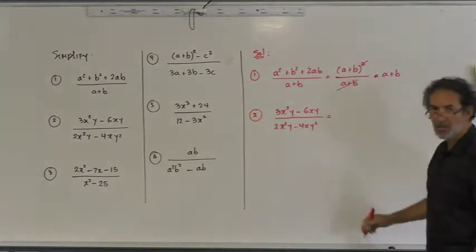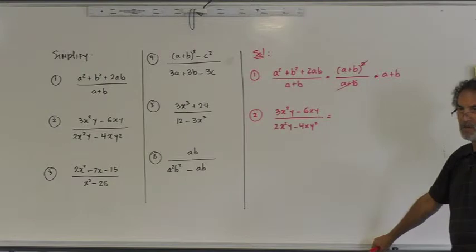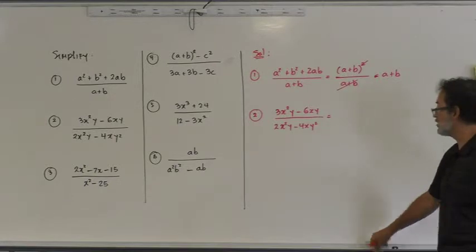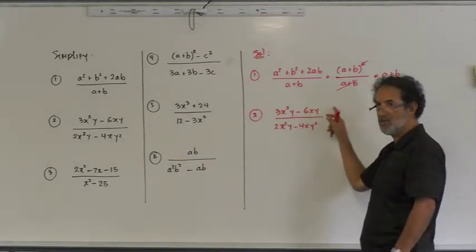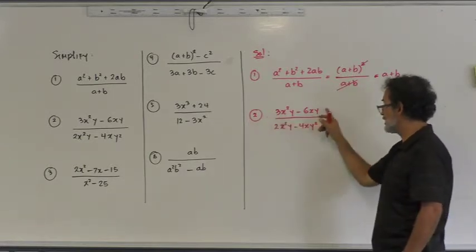In the top line, we don't have any special formula or identity or anything like that, so we're going to have to just take the common factor. Normal factorization. What is the common factor between these two?